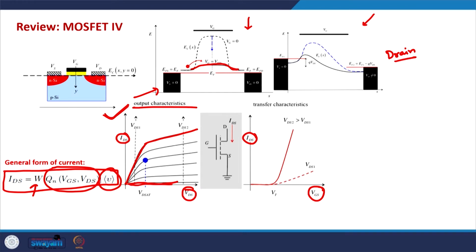This subthreshold regime is more clearly present in the transfer characteristics, which is basically the IDS versus VGS relationship, and the plot for VGS less than VT is the subthreshold regime.